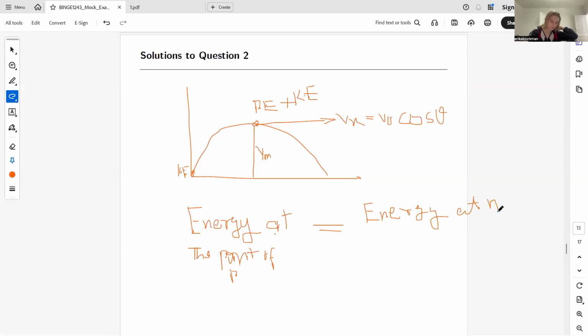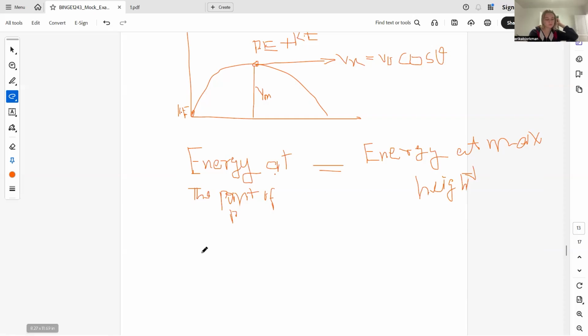Initially, we can write the sum of the potential energy plus kinetic energy initially is equal to the sum of the potential energy and kinetic energy at the highest point.